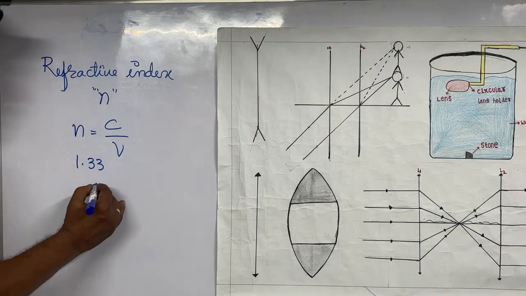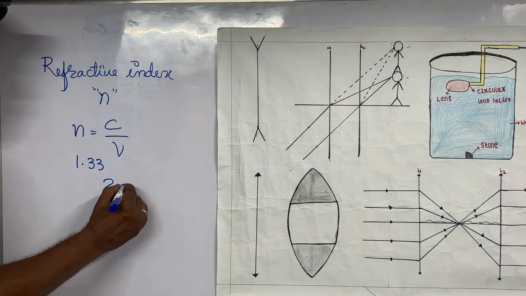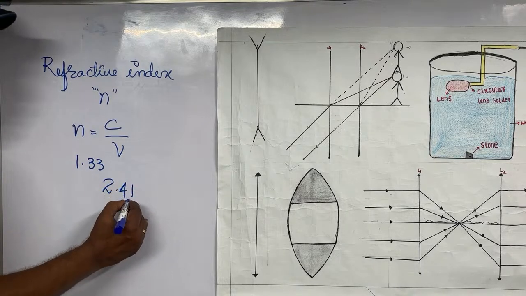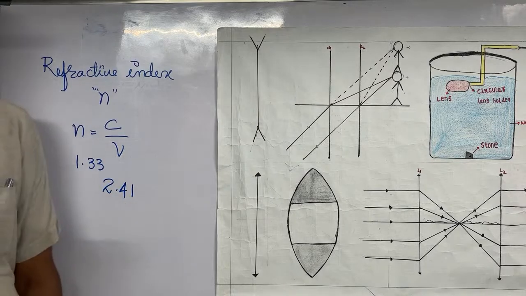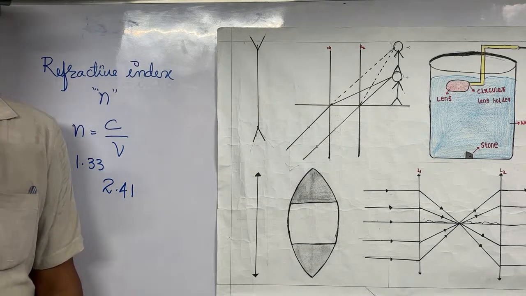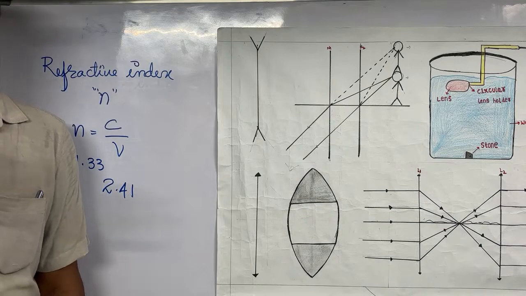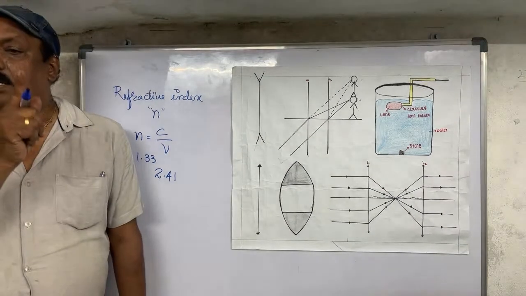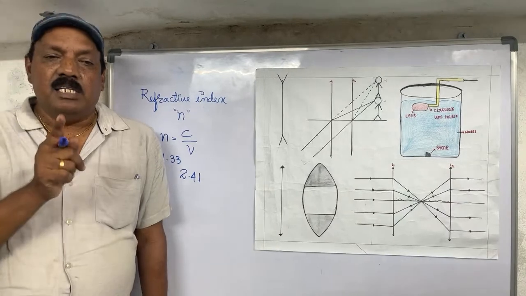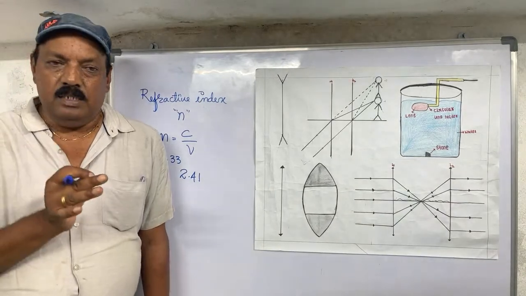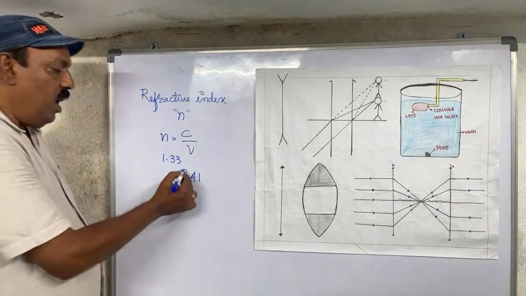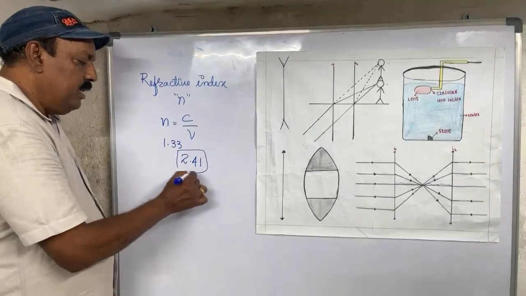And suppose the refractive index of diamond is 2.41. The substance in the world having the highest refractive index is only diamond. Diamond has the highest refractive index in nature, and that is 2.41.